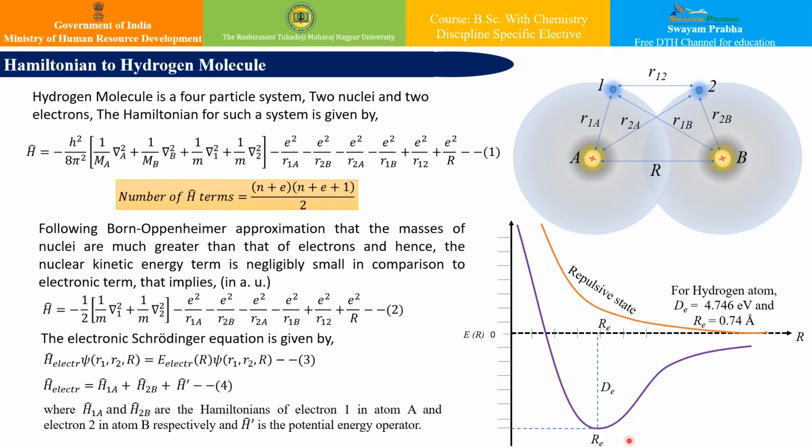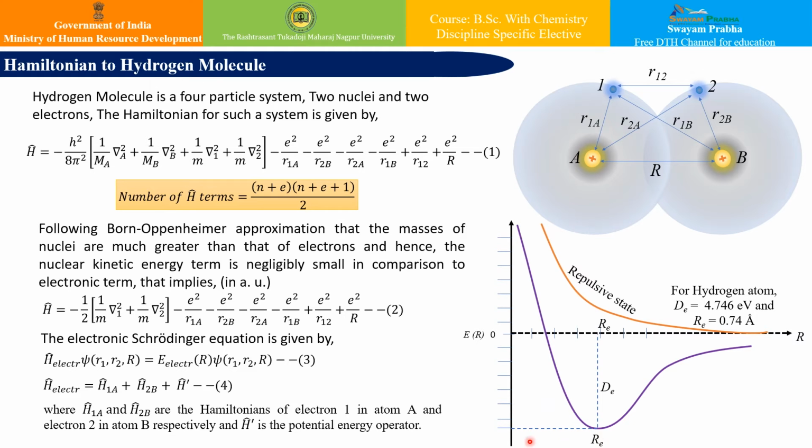In this figure we have tried to plot it. If you see, on the y-axis there is the potential energy, and on the x-axis the internuclear distance is plotted. In this particular energy profile, we see that Re is the equilibrium distance wherein the molecule stabilizes.